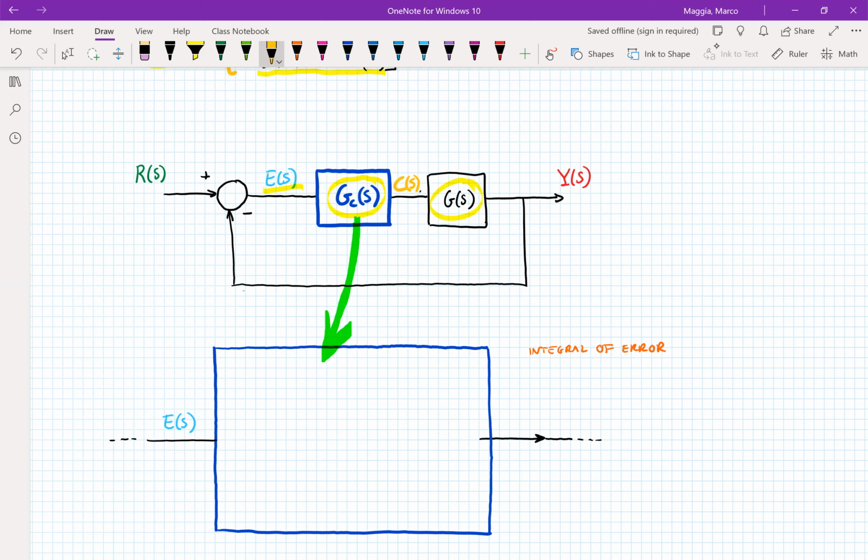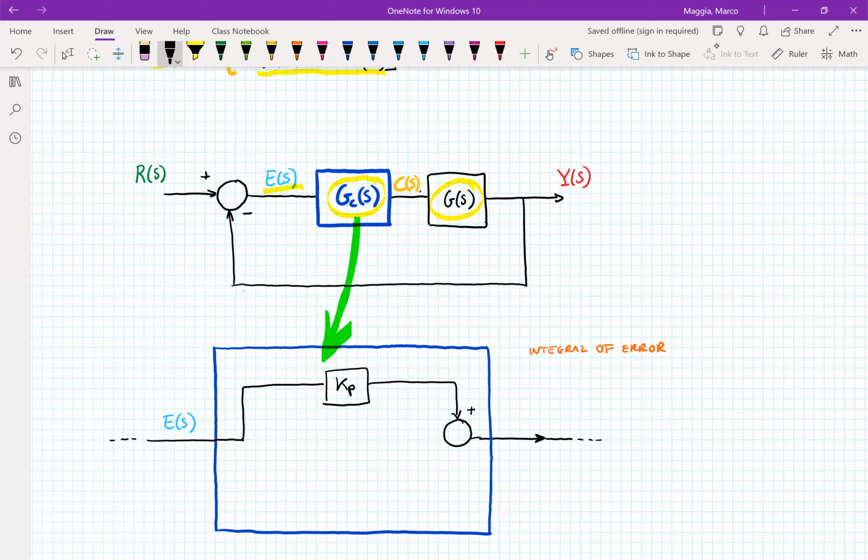So if we zoom in the controller block, we can visualize it as the error coming in, and then it splits into 3 parts. One is going to be multiplied by a constant Kp, and then this branch is going to end up into a summing junction over here.